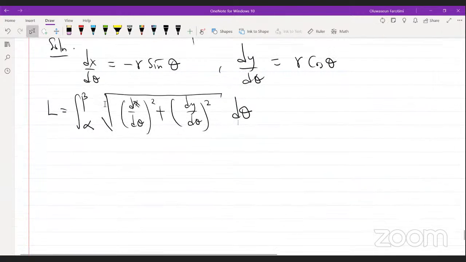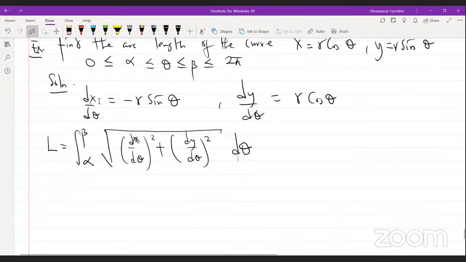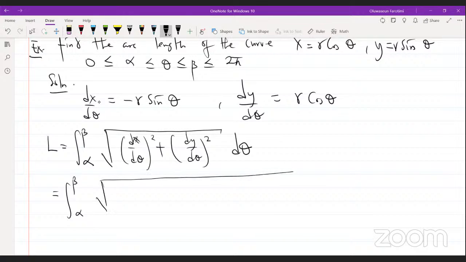Now, do we know dx d theta and dy d theta? Yes. But we don't know the values of alpha and beta. We just know they are between 0 and 2 pi. So let's keep them the way they are. They are just constants. This is going to be the integral from alpha to beta of the square root of negative r sine theta all squared plus r cosine theta all squared, of course d theta.